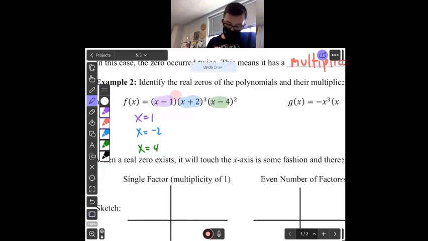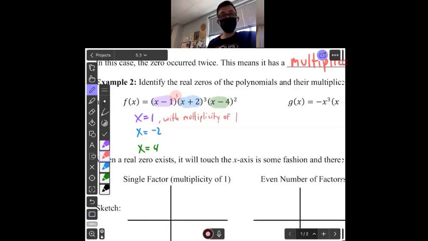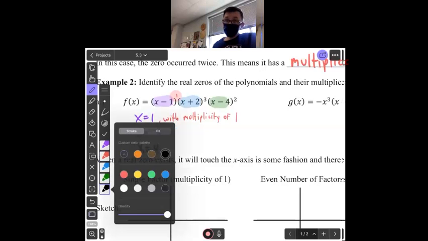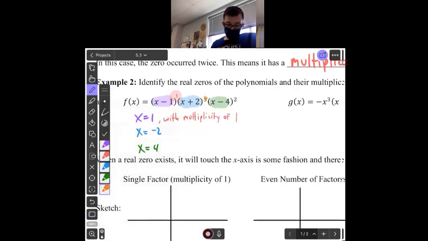So this one has an exponent of 1, so I'd say with multiplicity of 1. The second one has a multiplicity, or an exponent, of 3.